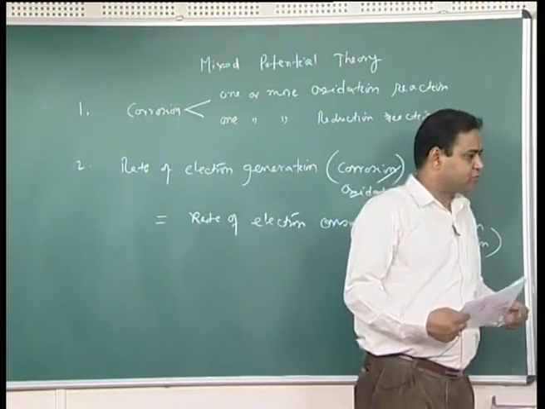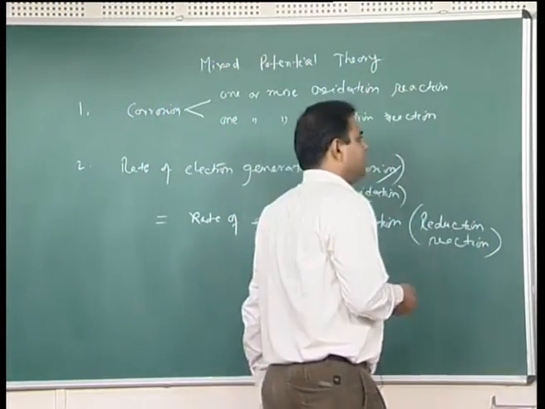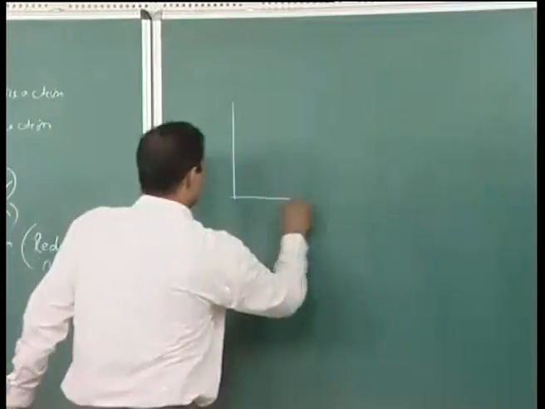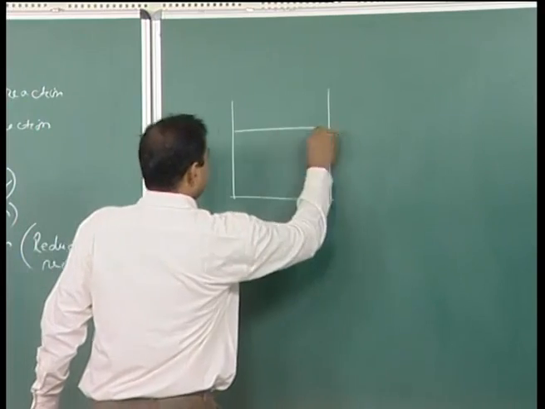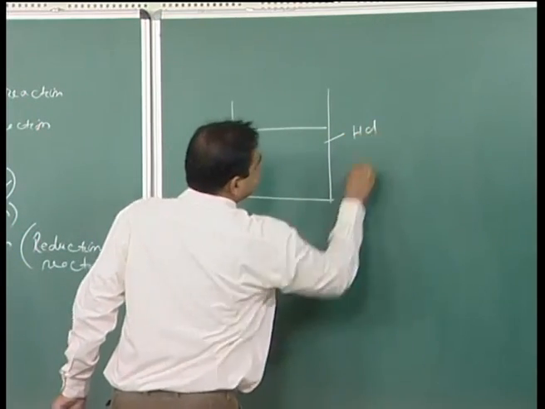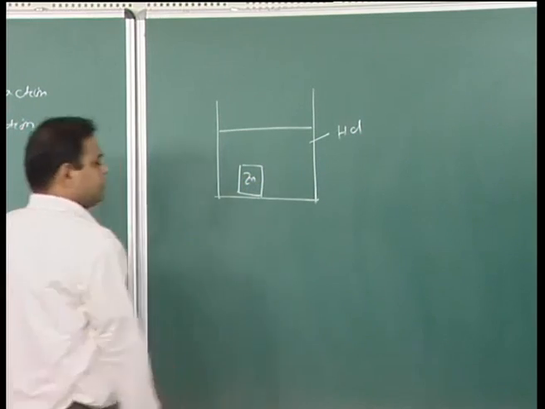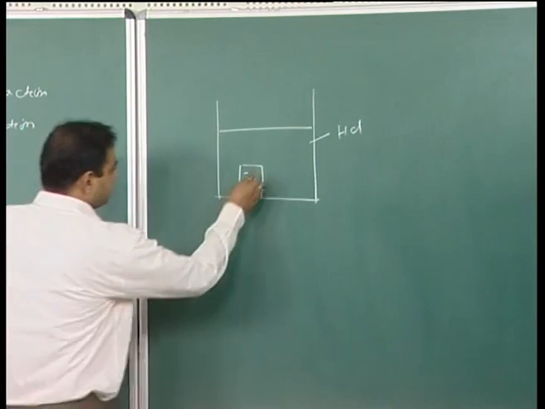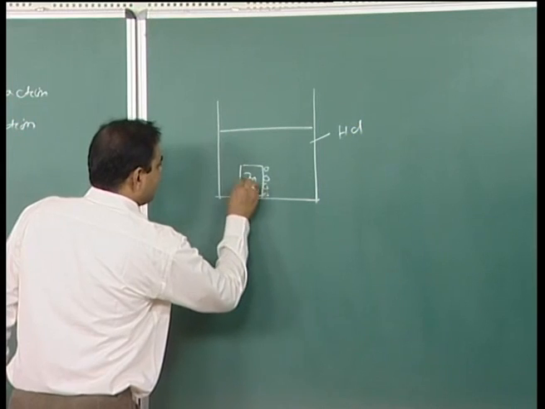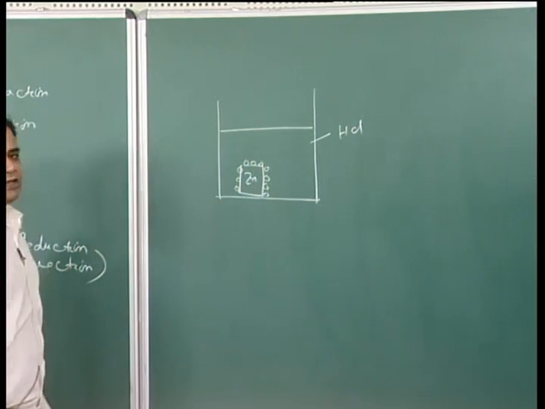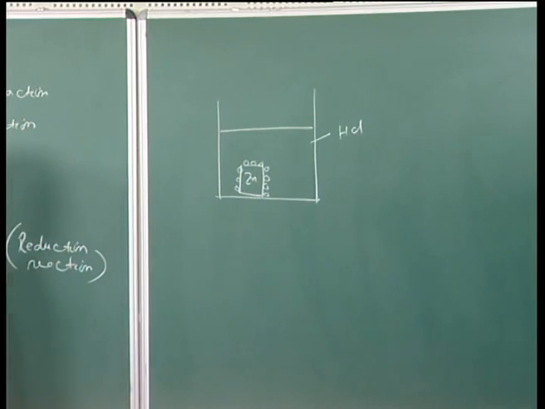Now we have to see another part. For example, if you have a beaker with deaerated HCl and you put in a rod or piece of zinc, you will see bubble formation on the zinc surface, and these bubbles are nothing but H2 gas.